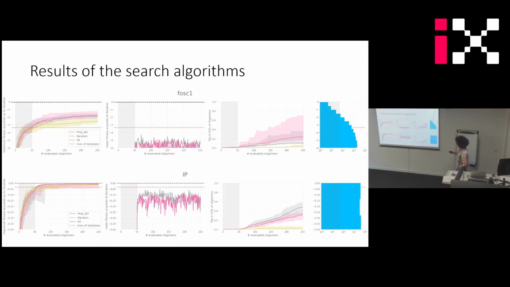So for the oscillator strength, it's quite a unique property, as well as being quite hard to estimate using just the representation that we're using here. We don't really get any improvement between the Bayesian optimization and the EA. Compared to that, the ionization potential is a property that we found slightly more of, and it's also more correlated with the representation that we use.